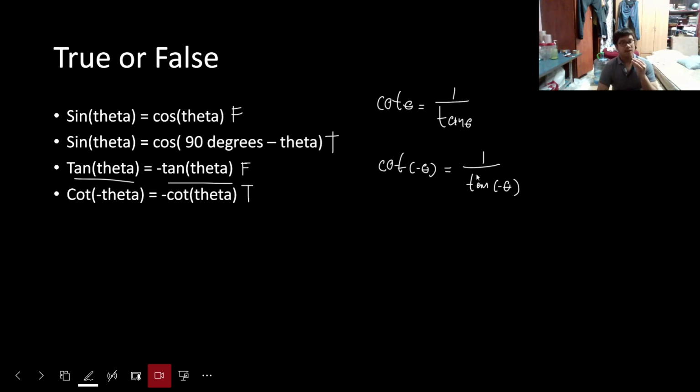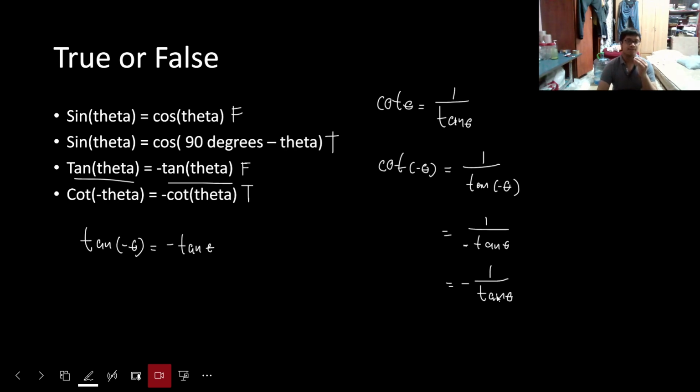But here's the thing. We knew earlier that tangent of negative theta is the same as negative tangent theta, right? So we can simply rewrite this as 1 over negative tangent theta. And we can factor out the negative sign and put it beside the fraction, so we will have negative 1 over tangent theta.